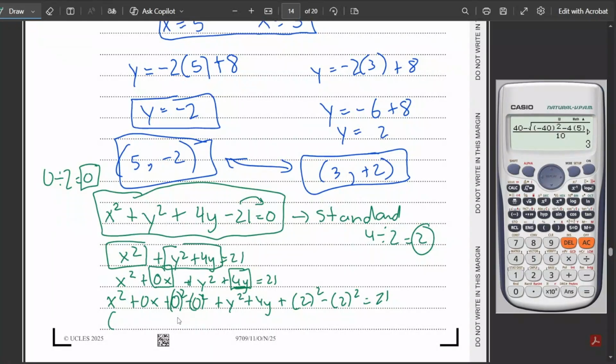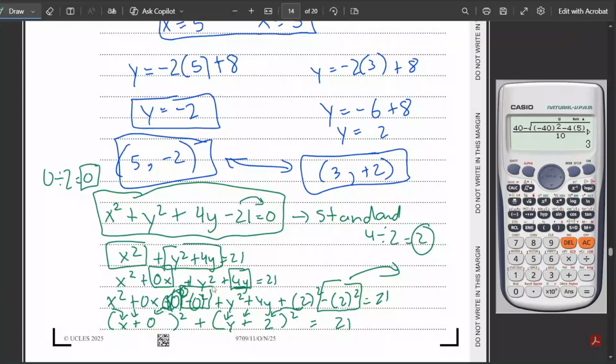Put 2 brackets over here, put a square on top of them. This x comes in here, this positive sign comes in here, and the 0 comes over here. Then do the same for the y part. You got y over here, the plus sign over here, and then you take that 2 over here.